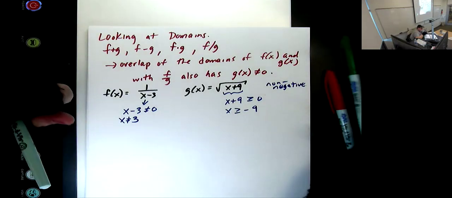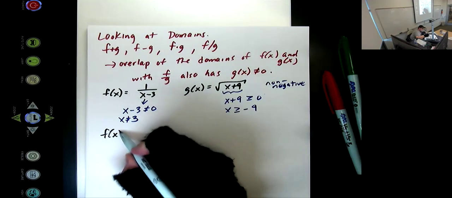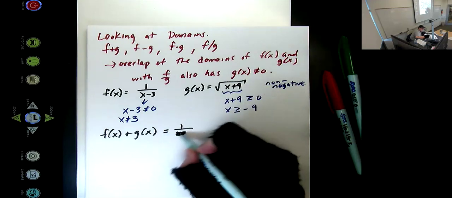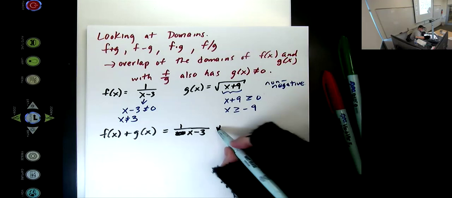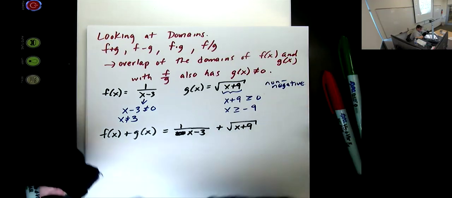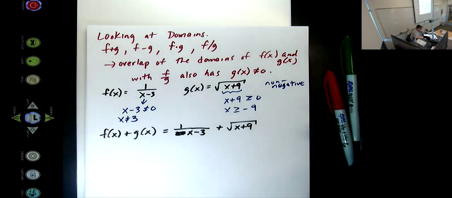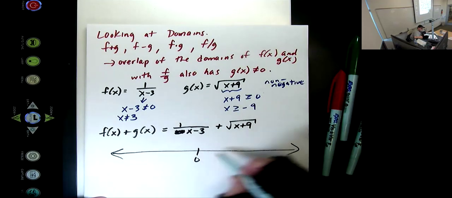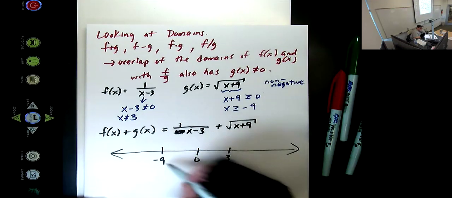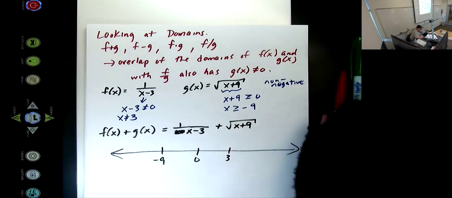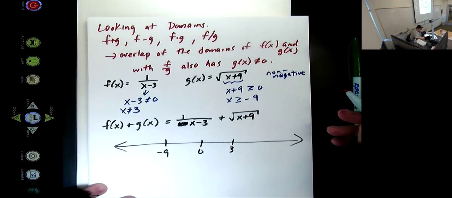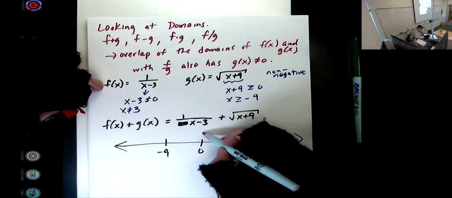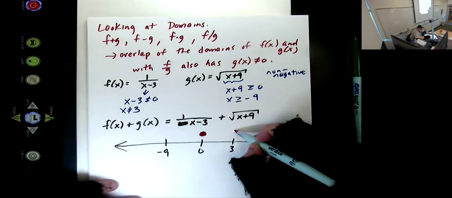So if I did f of x plus g of x, which really doesn't do a whole lot when we add them together, our domains have to overlap. So if I do a number line, my f of x is anywhere but 3.